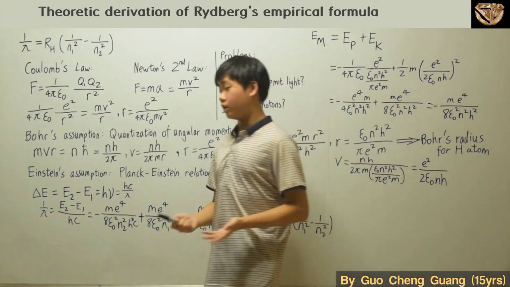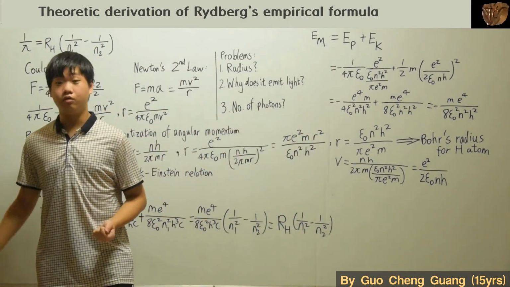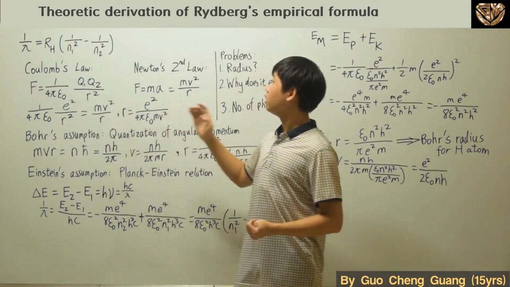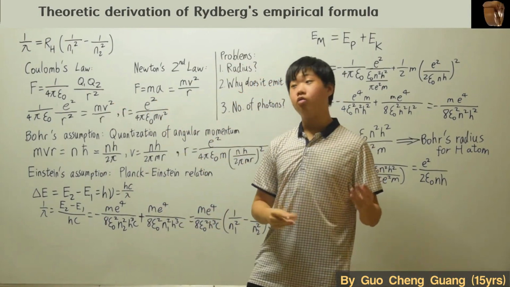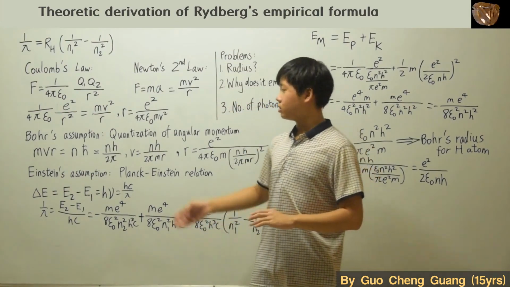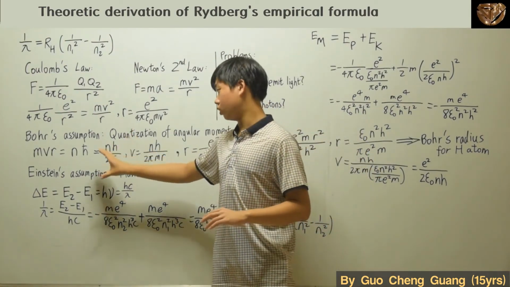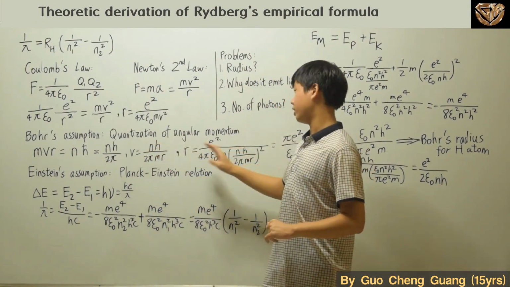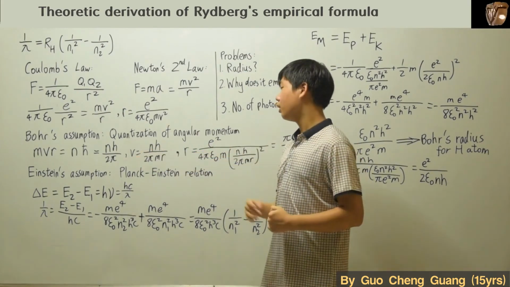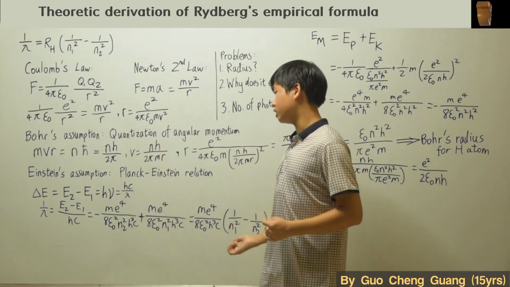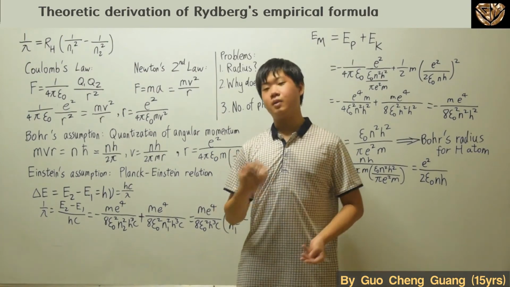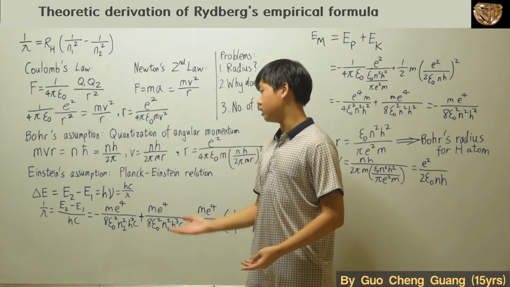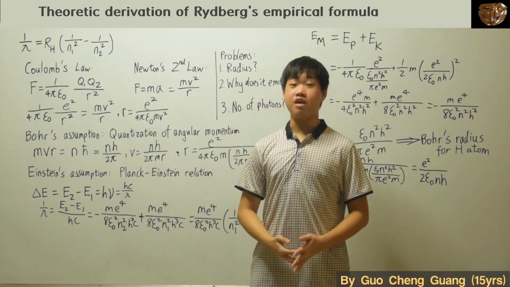So this is where we combine your classic physics and modern physics. From classic physics, you have used Coulomb's law and Newton's second law. While for modern physics, you can say it is both Bohr and Einstein's assumption, or it is the quantization of angular momentum by Bohr, and your usage of the Planck-Einstein relation by, well, you can say it's by Einstein, but you could also say Planck actually had a large contribution to this, since Planck's constant is just everywhere.